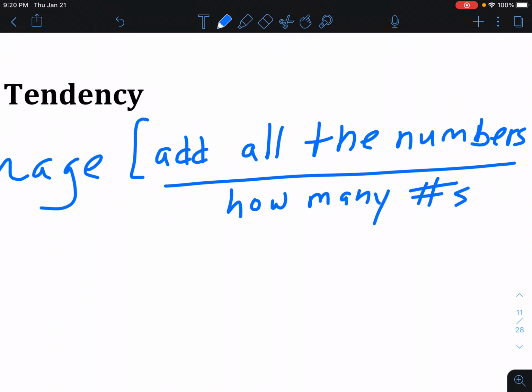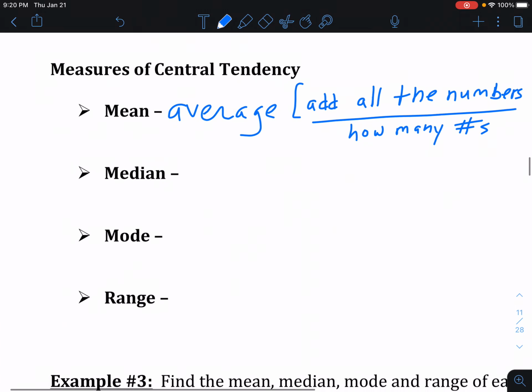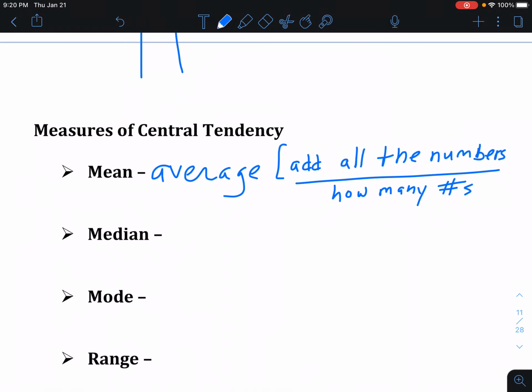Mean, also known as average, usually in the real world we call it average, but it's used a lot in the sports world when we're looking at statistics of guys. Points per game, yards per game, stuff like that.